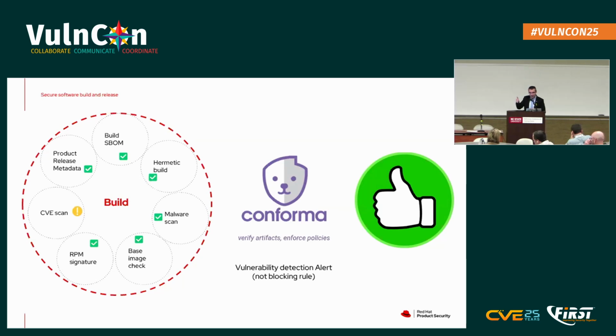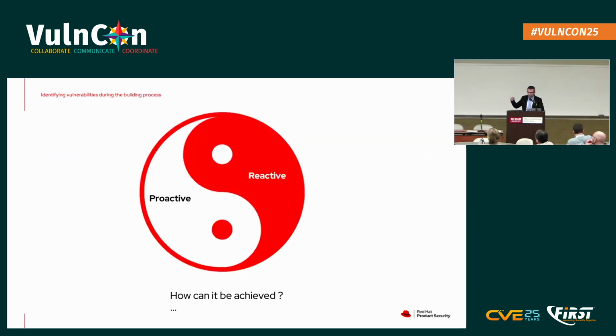That's why this build is still okay and can be released to customers. But what can we do with this alert that we see on this diagram? We found something. Should we ignore it, or maybe we should do something? This is where we have our proactive and reactive work, where we can use this information from the build time to improve what is on the other side, when the product is already released.